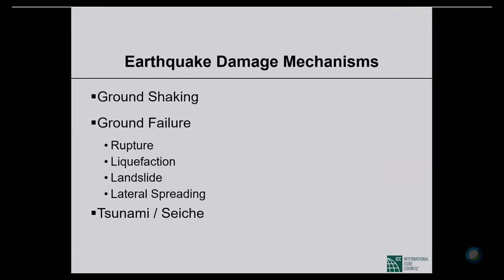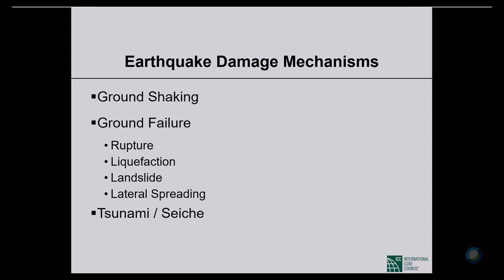Okay, now a change of pace, if you like. So, earthquake damage mechanisms. Ground shaking obviously can cause earthquake damage. And that's what we have been talking about pretty much from the beginning or for a while.